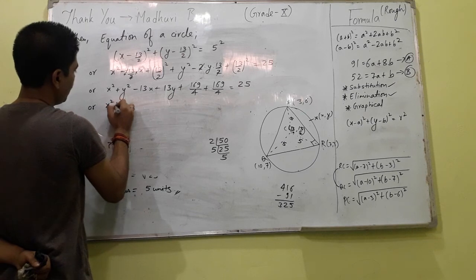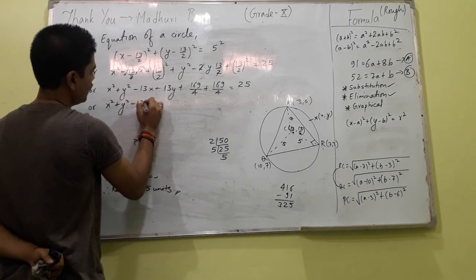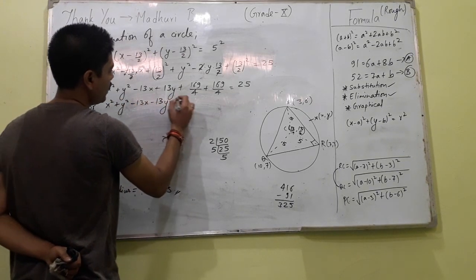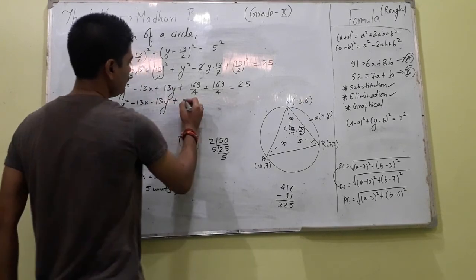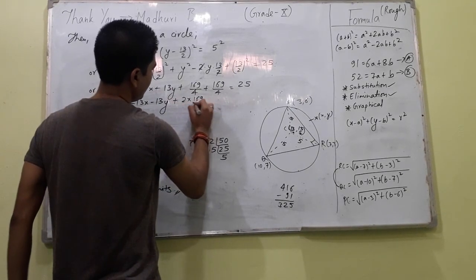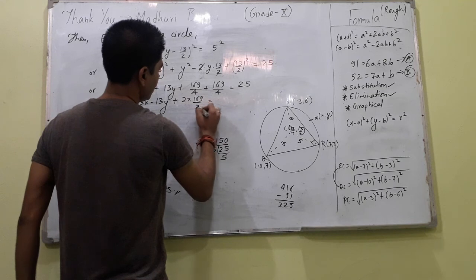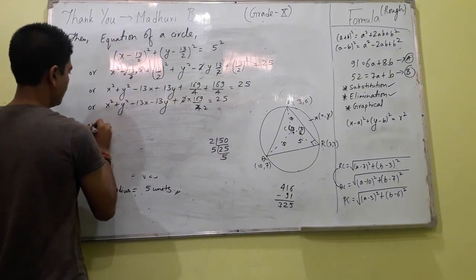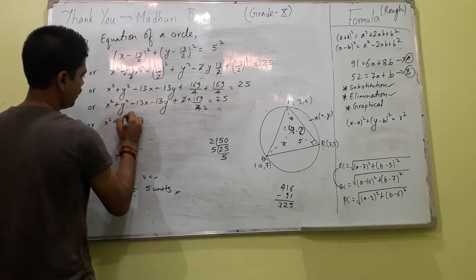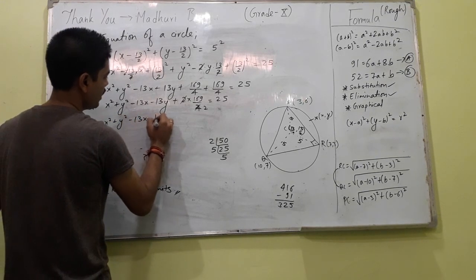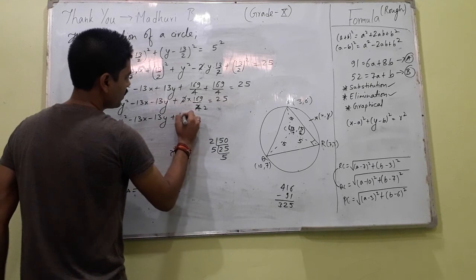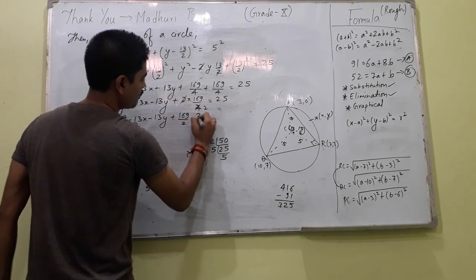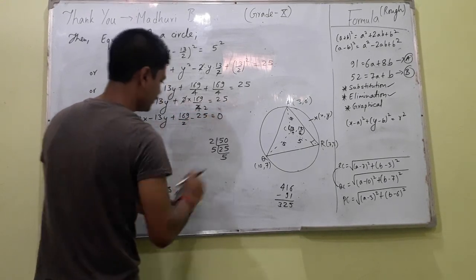Or x square plus y square minus 13x minus 13y plus 169 by 2 minus 25 equals to 0.